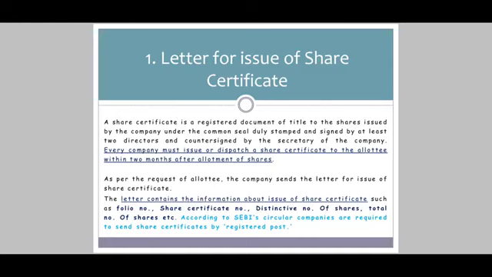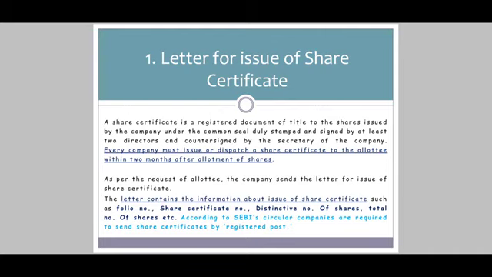The share certificate has a proper common seal, duly stamped and signed at least by 2 directors, and countersigned by secretary of the company. See why I'm focusing on these small details, because you have to mention these small details in your letter.